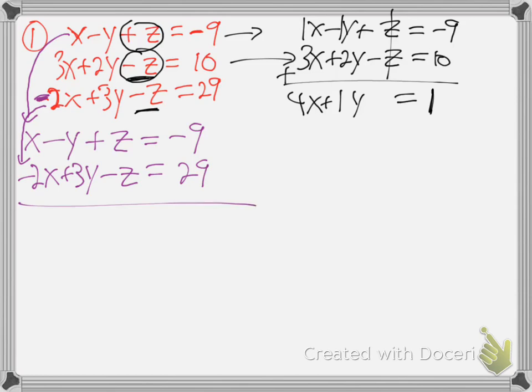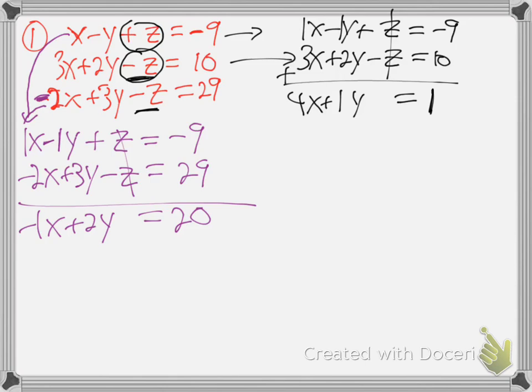Add them up. 1x minus 2x is minus 1x, and then 3y minus 1y is 2y. The z's cancel, and 29 minus 9 is 20.